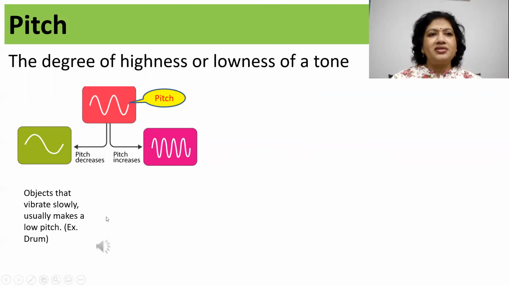Objects that vibrate slowly usually make a low pitch. I have mentioned here, usually make a low pitch. Example, drum. Let us enjoy the beating of the drum. So if you take this and get a graph, it looks something like that.